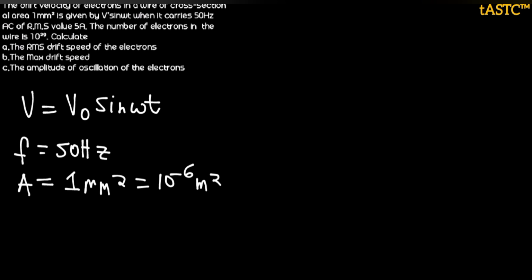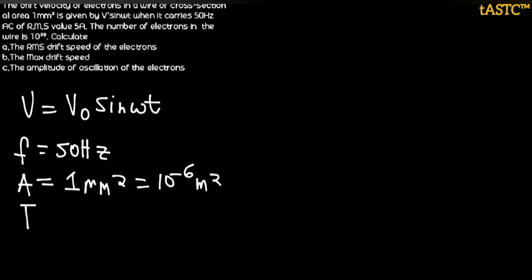Next up, we need to find out what is the current. Now here we can see that we were given this value, 5 amps, as the RMS value of the current. Remember, AC means alternating current. So we got alternating current of RMS value 5 amps. Now how can we write that?